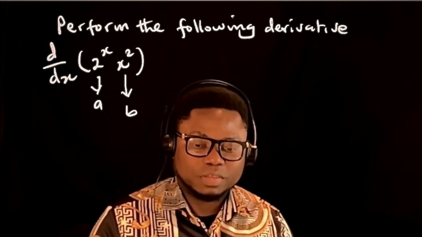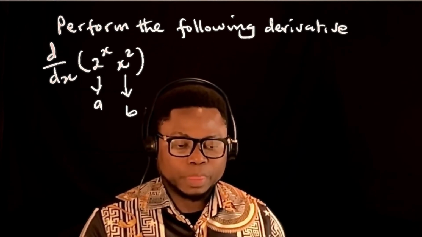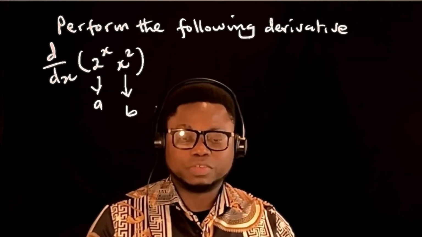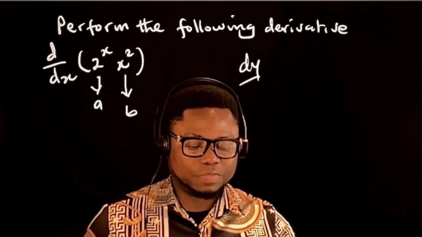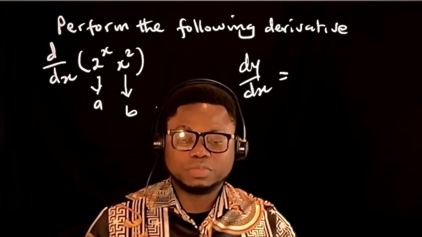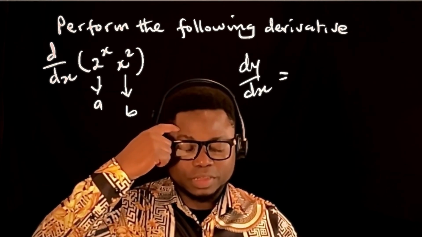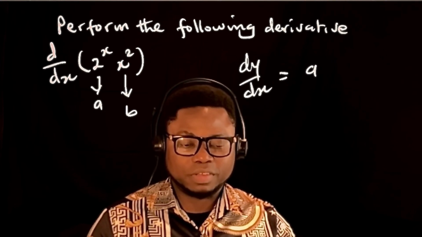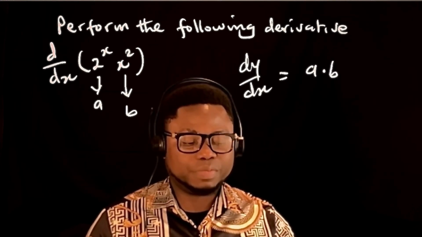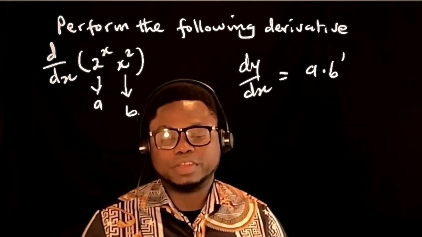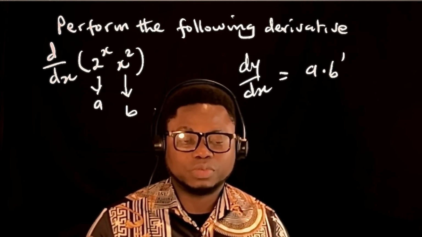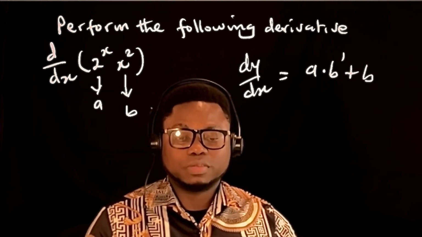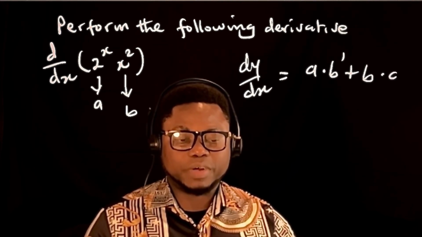I'm going to give them a and b now, so that if I'm using product rule, I'm going to say that dy over dx is equal to a, that is 2 exponent x, multiplied by b prime. b prime is the derivative of x exponent 2. Then plus b times a prime.